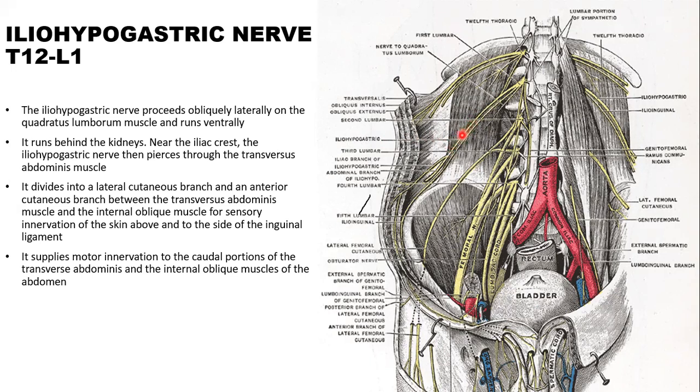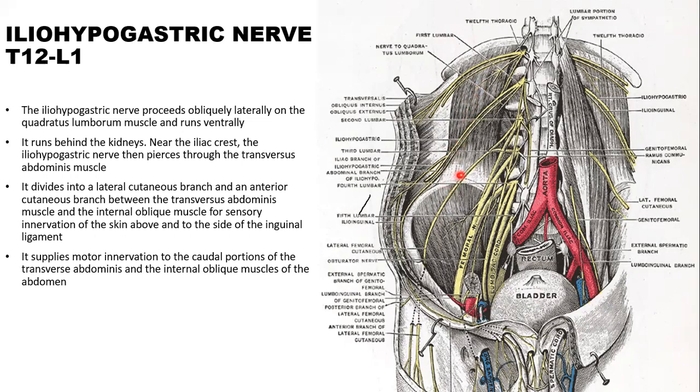So when it comes to the iliohypogastric nerve, when it originates from T12 to L1, it runs obliquely, laterally on the quadratus lumborum muscle. Okay, so that muscle you can see there at the back there, that is the quadratus lumborum muscle.